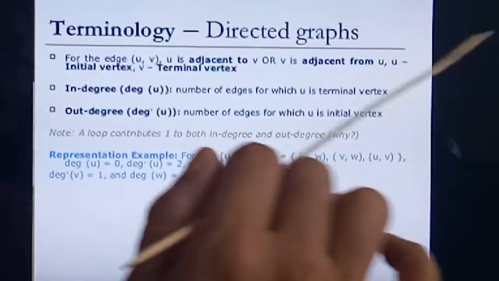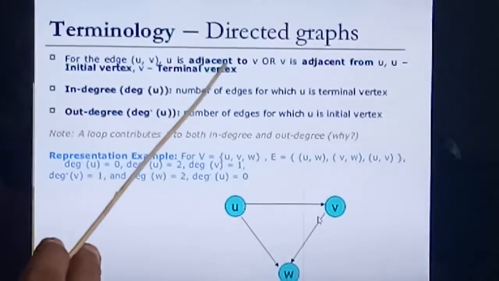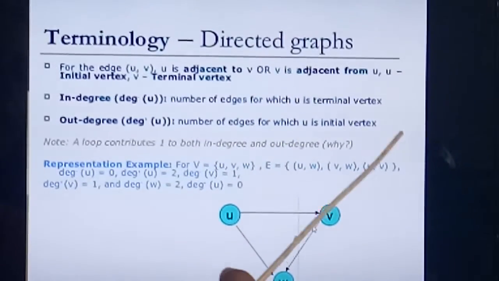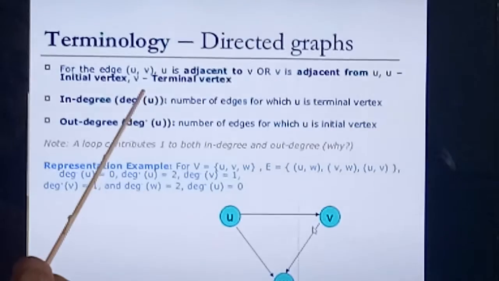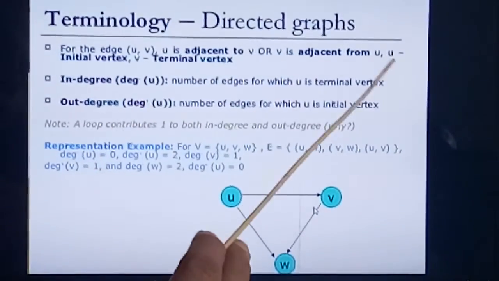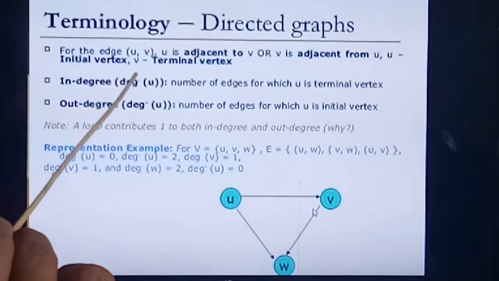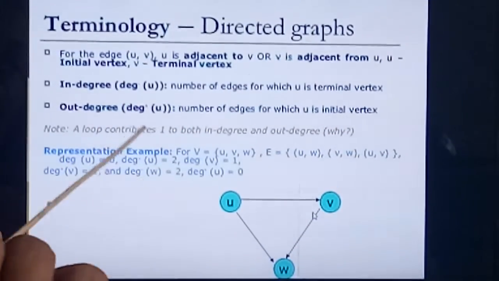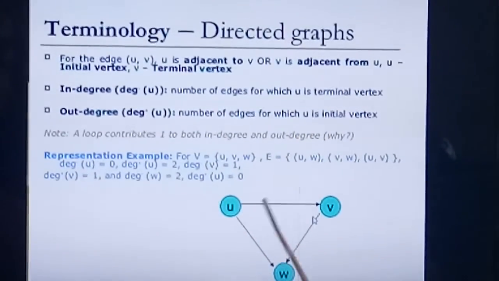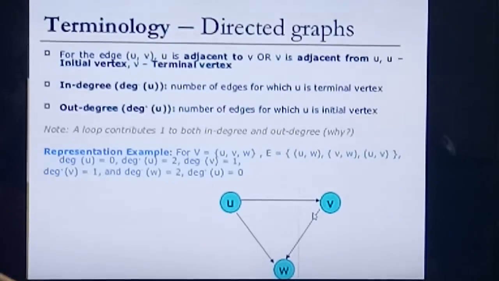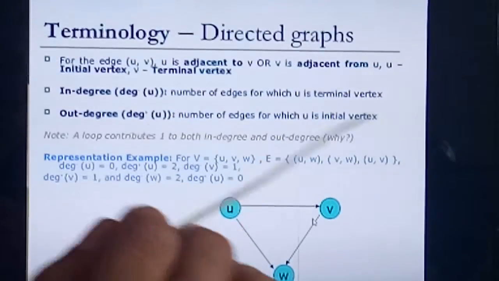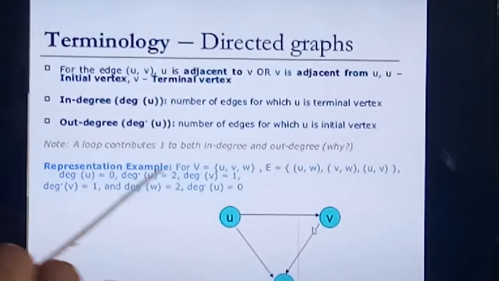Next slide. For the edge UV, U is adjacent to V, or V is adjacent from U, you can say. U is the initial vertex and V is the terminal vertex. From where it starts, you call U the initial vertex and V the terminal vertex. The number of edges for which U is the terminal vertex you call the in degree. The number of edges for which U is the initial vertex, that is the starting vertex, you call the out degree.